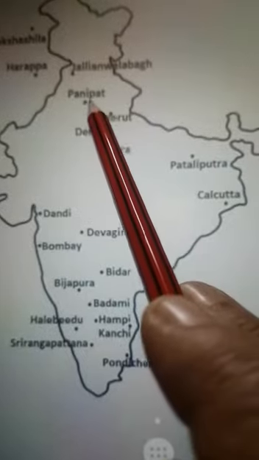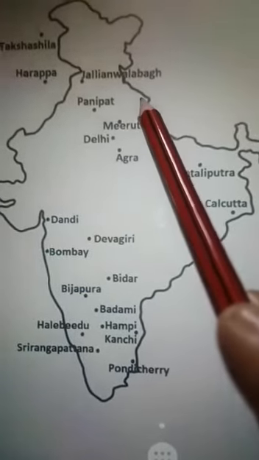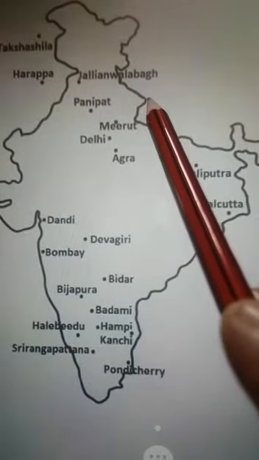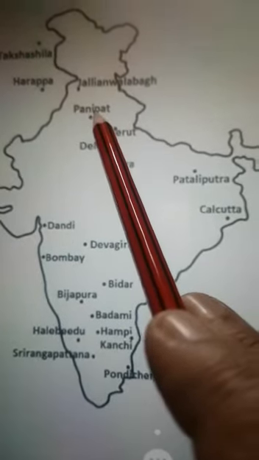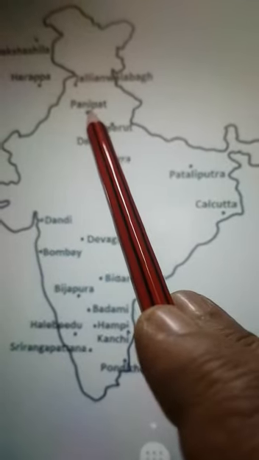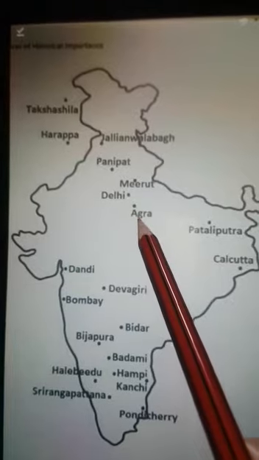And then if you move upward, you can take this as the tip. So from this about 2.5 centimeters, you can mark a point. So you have Panipat, Meerut, Delhi, Agra.